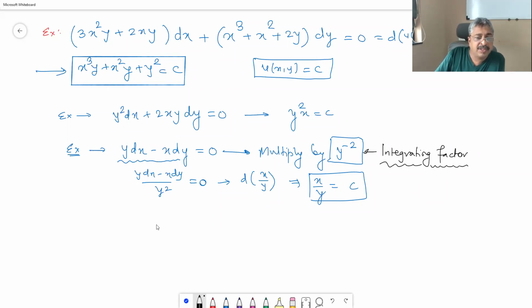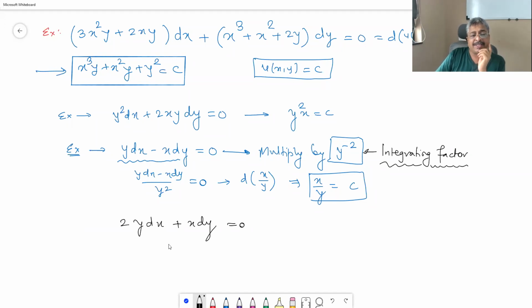Can you tell me whether this is exact or not? Another example: 2y dx plus x dy is equal to 0. Is this exact? Don't solve it, just check whether it is exact or not, and maybe try to find the integrating factor.